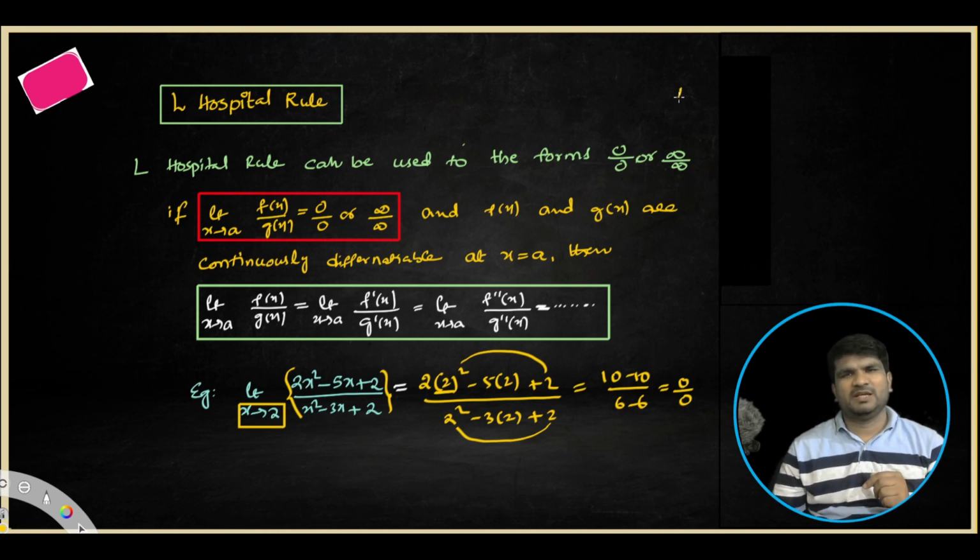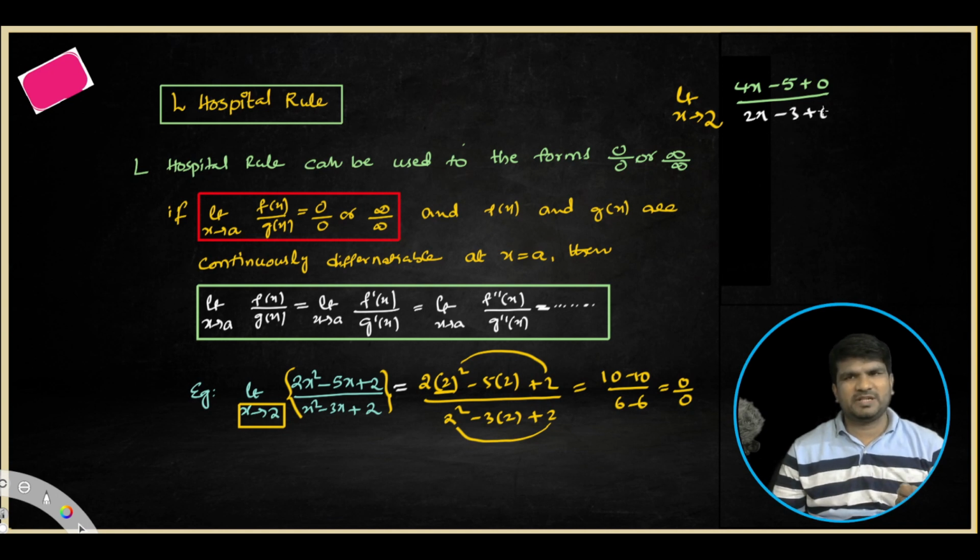Now see here, limit x tends to 2. What is the differentiation of 2x square? That is 4x. Differentiation of 5x is 5. Differentiation of constant is 0. Now similarly differentiate the denominator also. The denominator is x square, its differentiation is 2x. Differentiation of 3x is 3 and differentiation of constant is 0.